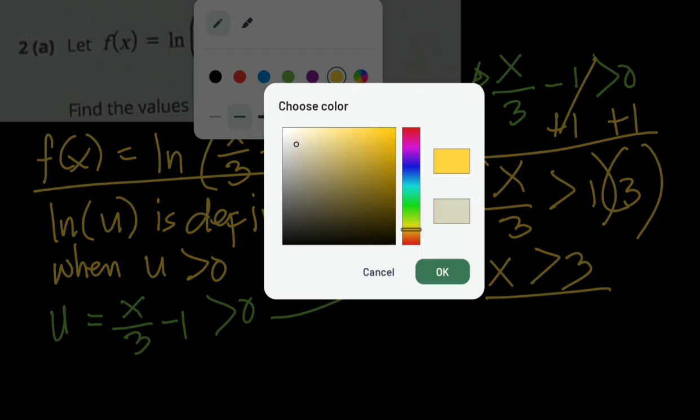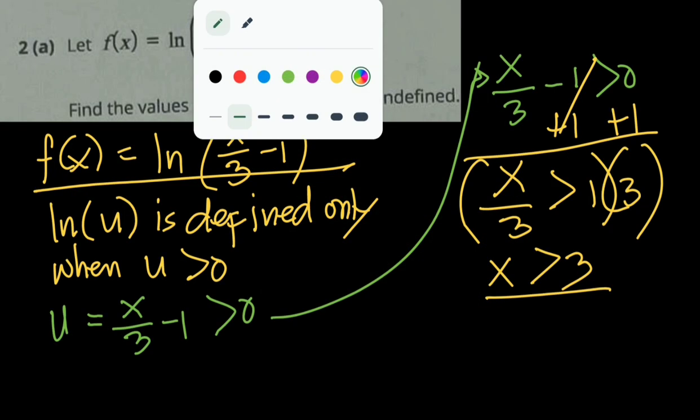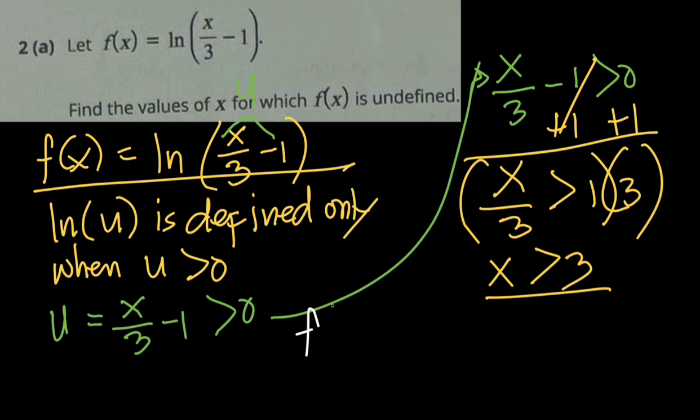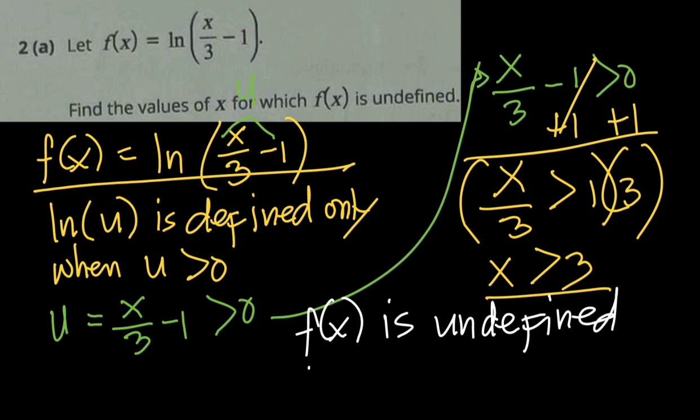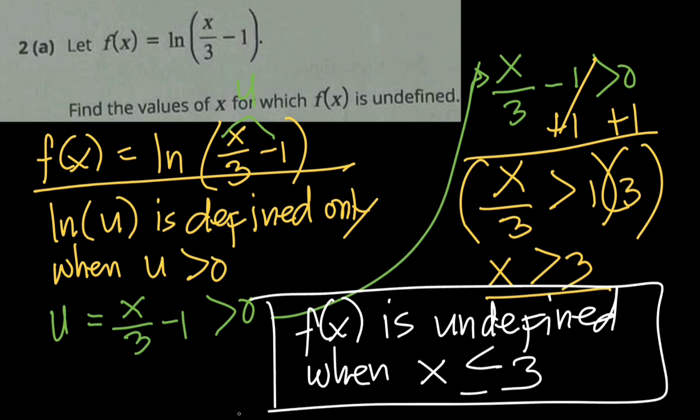And that also means that the function f of x is undefined when the value of x is the opposite. So that would be when x is less than or equal to 3.